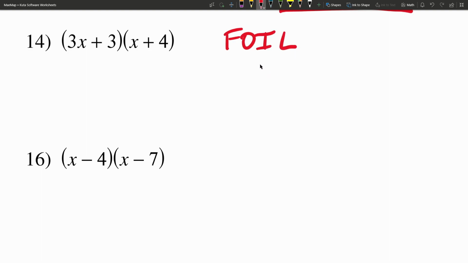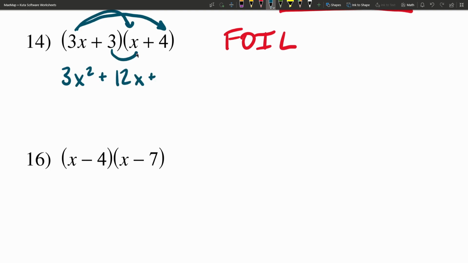F-O-I-L. First, outside, inside, last. I know it's repetitive, but the more I repeat it, hopefully the more it'll get stuck in your head and you won't forget how to multiply binomials. So first, 3x times x, 3x squared. Then we'll add that to our outside, 3x times 4, which is 12x.